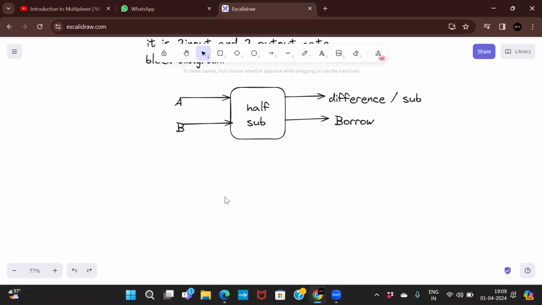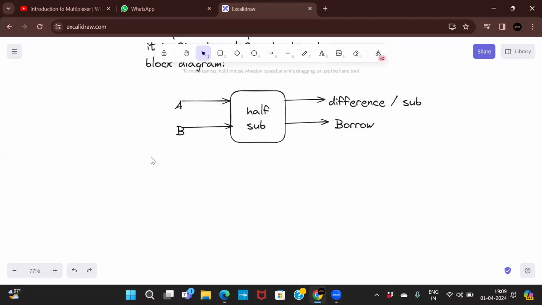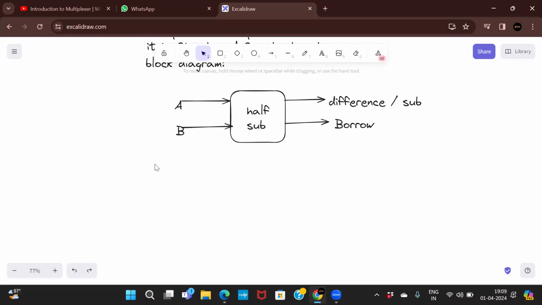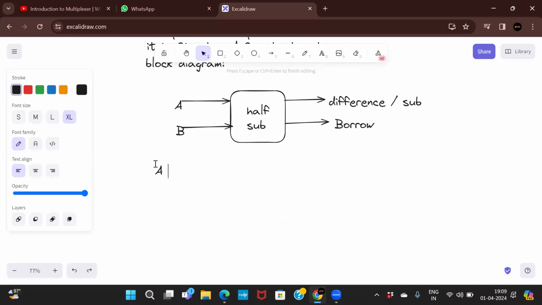Now we'll discuss the truth table and functionality. We require two inputs, so I'm considering A and B as inputs, and the outputs are difference and borrow.